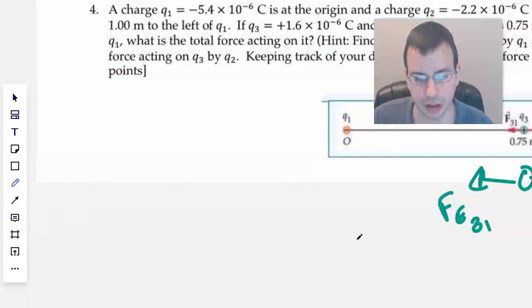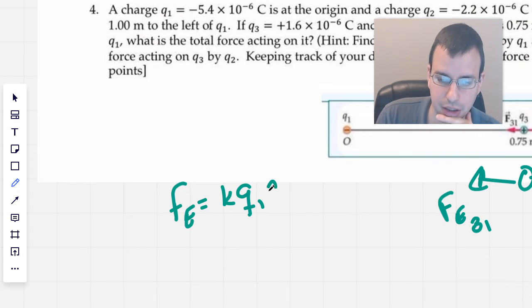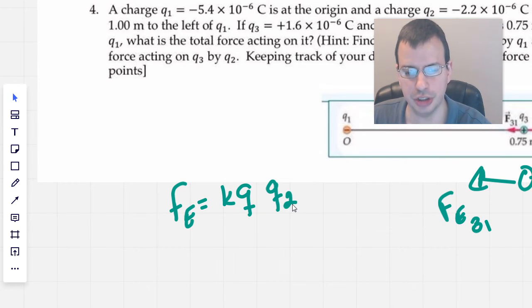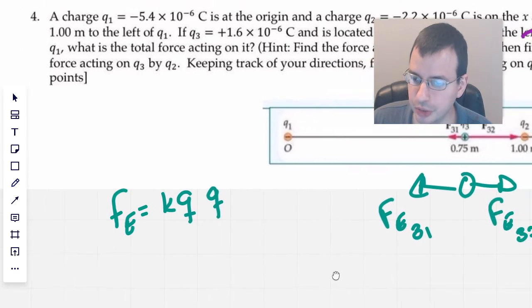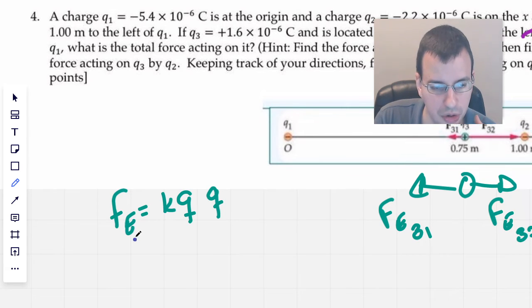Okay, so to find force electric equals K Q1 Q2. Even though I write Q1 Q2 here, I really don't mean Q1 Q2. I mean one Q and then another Q. So what I'm going to say here is this would be force electric 3,1.